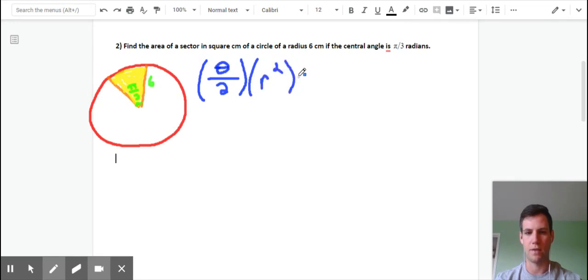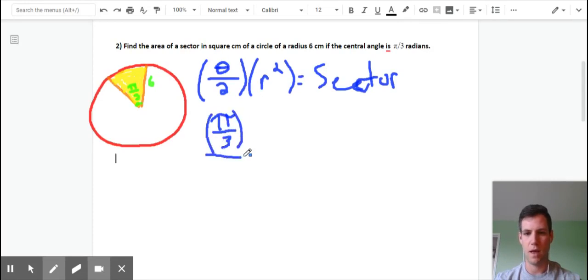And that gives us the sector area. And we can take our theta of pi over 3. So we're going to take half of pi over 3, and then multiply that answer by r squared, or 6 squared over 1.